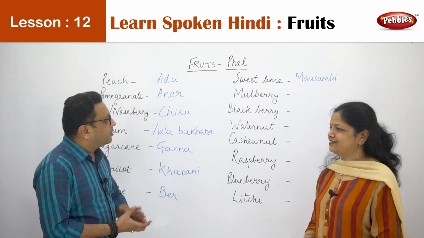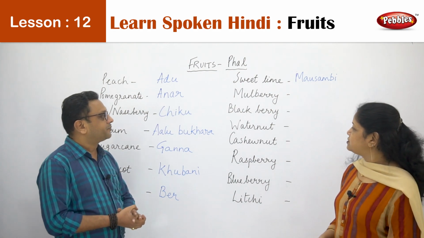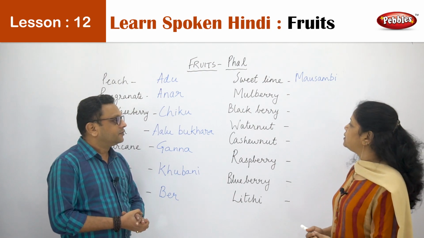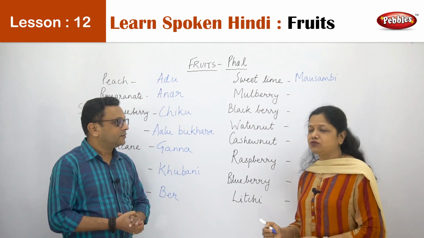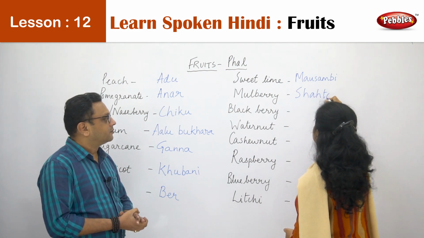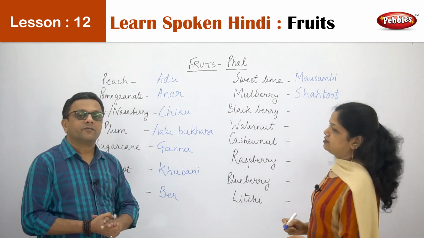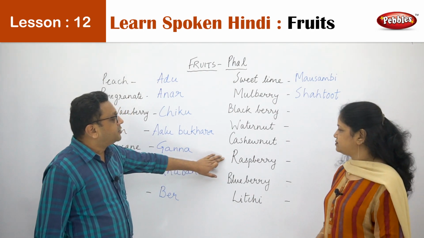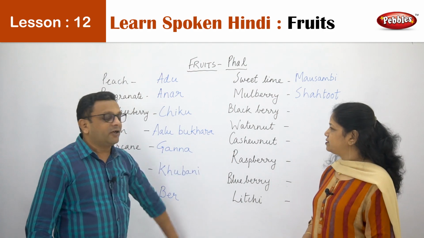The next is the mulberry. Now so many berries we have written, with different names. This mulberry in Hindi is called shehtoot. Except for lychee and raspberry somewhat, these are not very common.